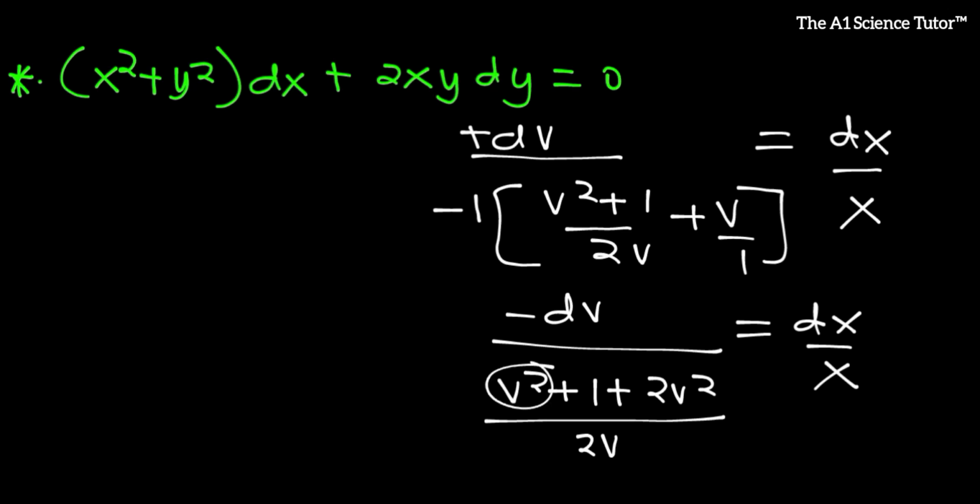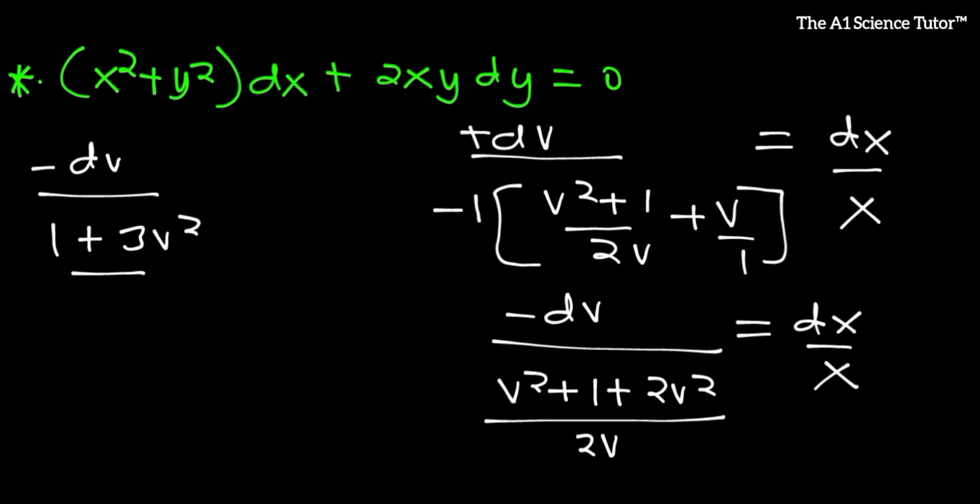Now, if you have v squared plus 2v squared, that should give you 3v squared. So basically we have negative dv divided by 1 plus 3v squared divided by 2v. This is equal to dx divided by x, right?